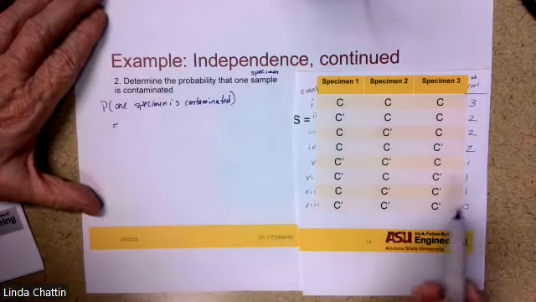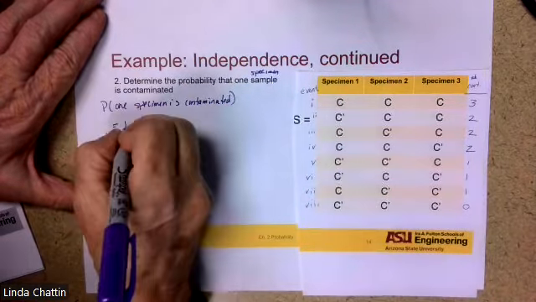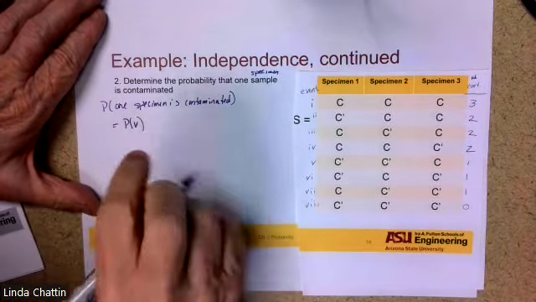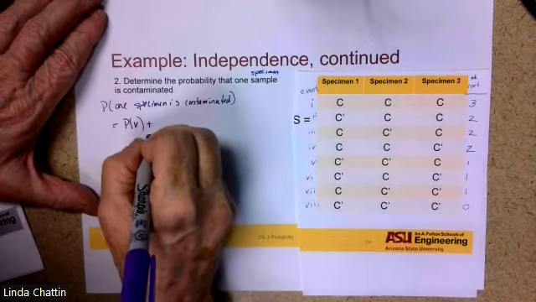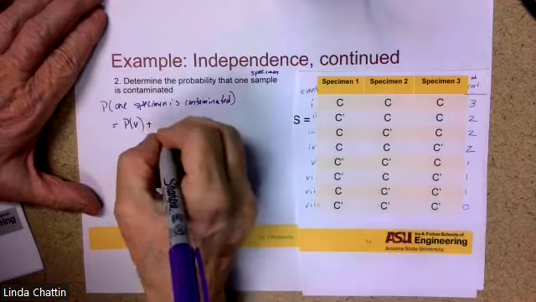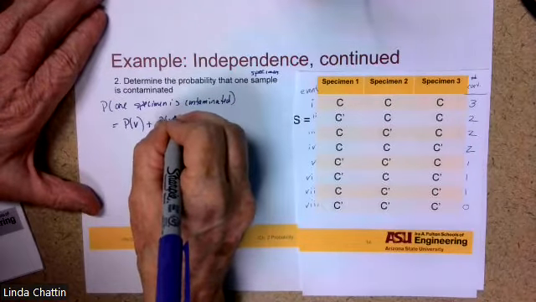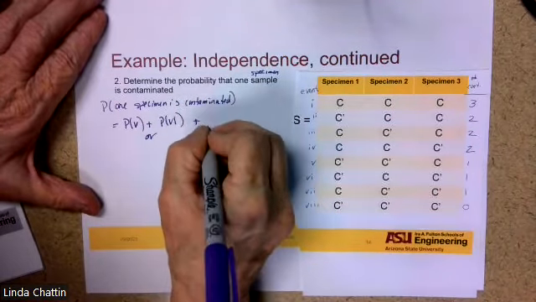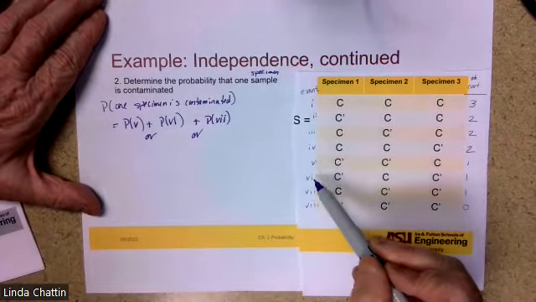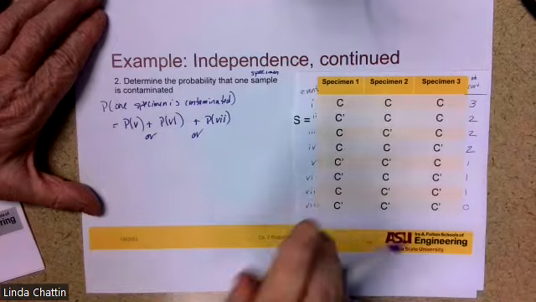Well, that's the probability of event 5 or event 6 or event 7, because events 5, 6, and 7 are one specimen contaminated.